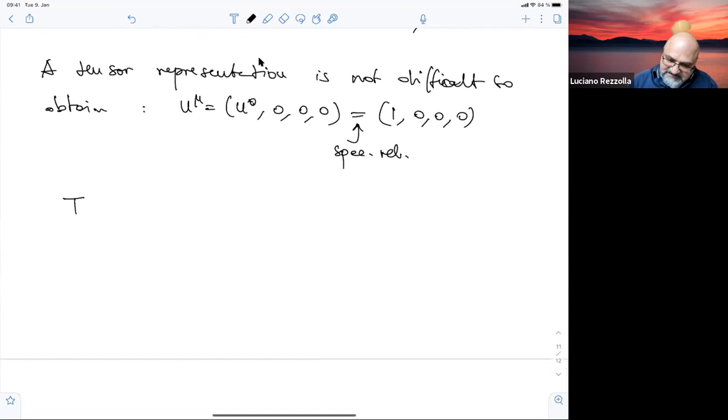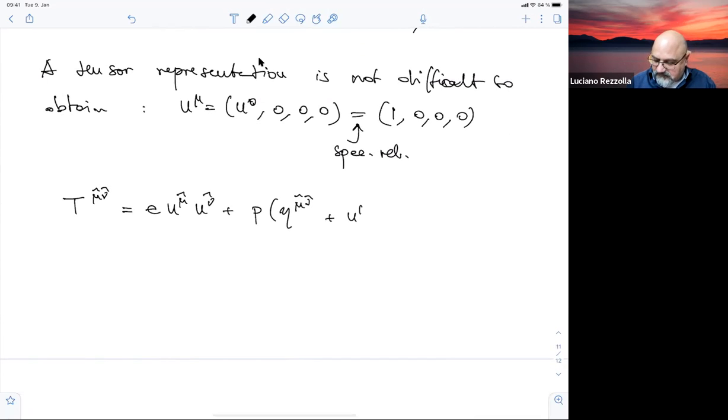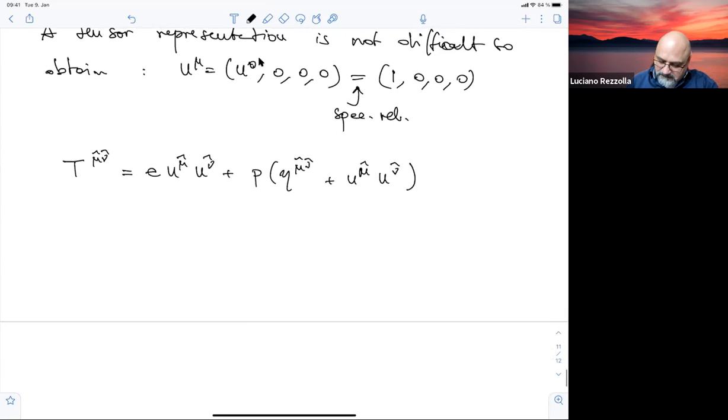So I can say that T mu nu as a tensor can be written as E u mu u nu plus P eta mu nu plus u mu u nu, and this is a tensor equation.